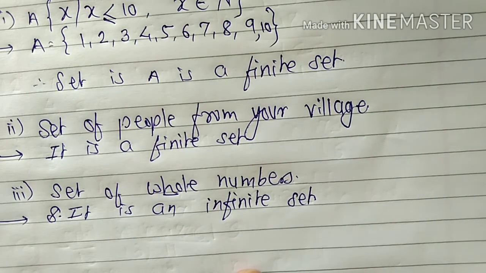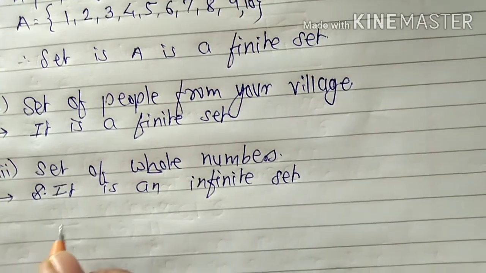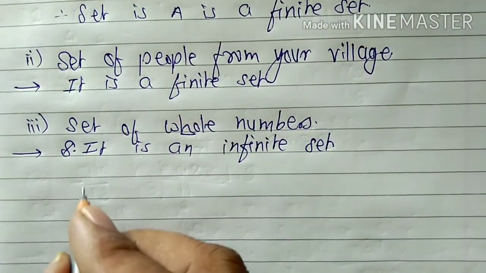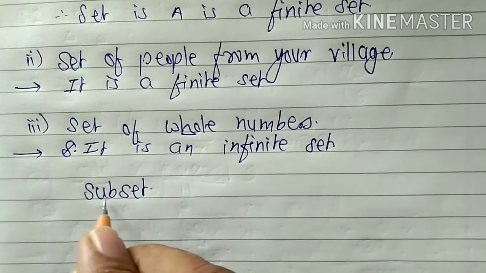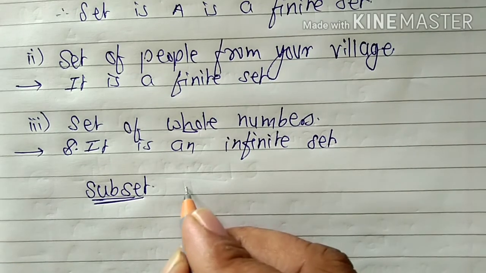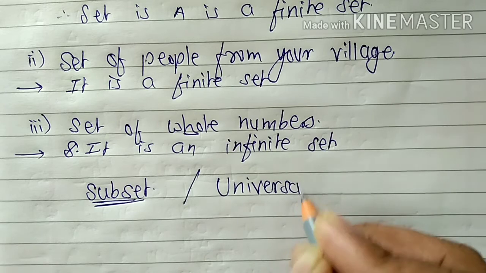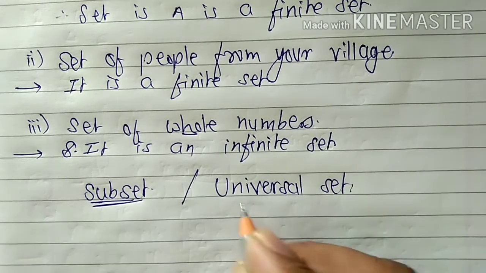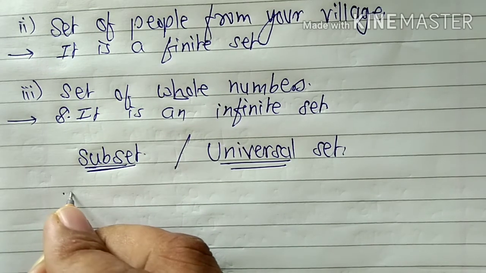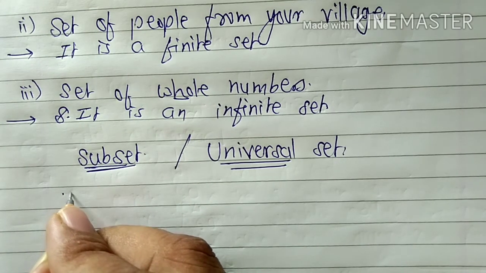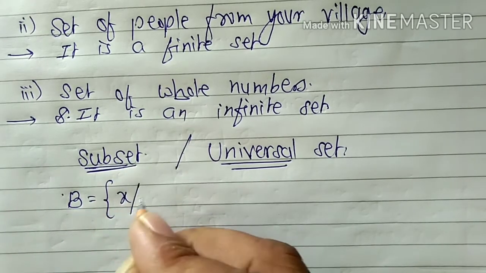Okay, now let us see the next topic, that is the subset and universal set. Suppose I am taking a set of standard B. So B is a set of all students.